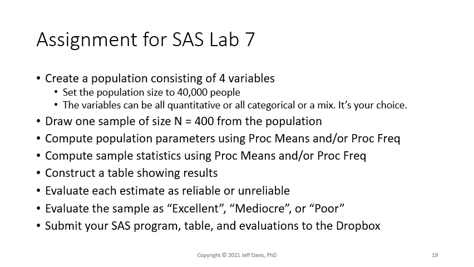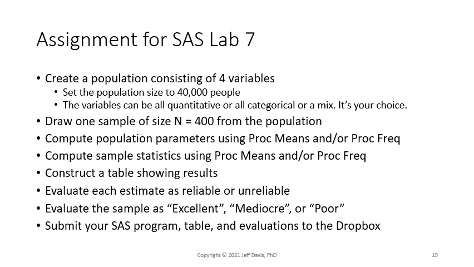Set the population size at 40,000, not 400,000. Or if you want to go 400,000, go ahead and do that too. The variables, you can make them all quantitative variables or all categorical variables, or come up with some sort of mix. That is completely up to you.